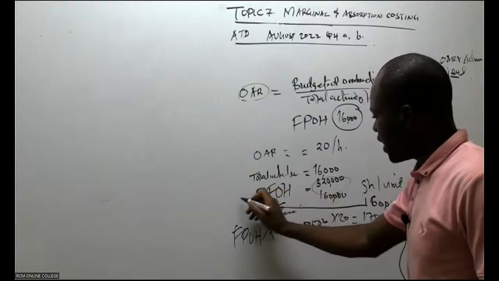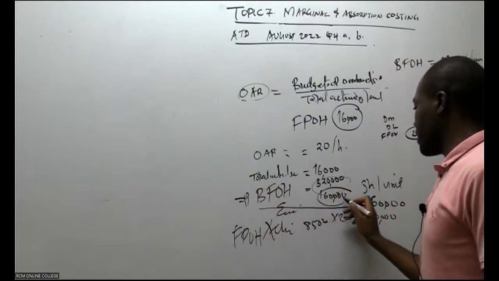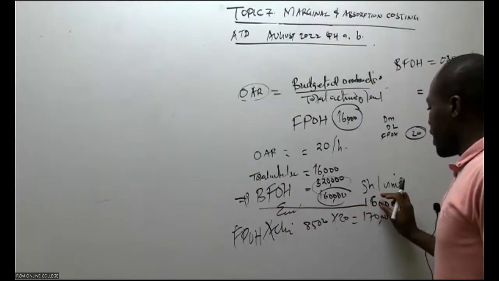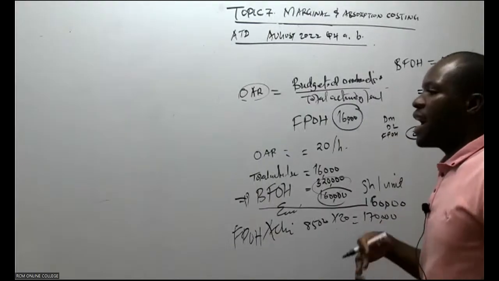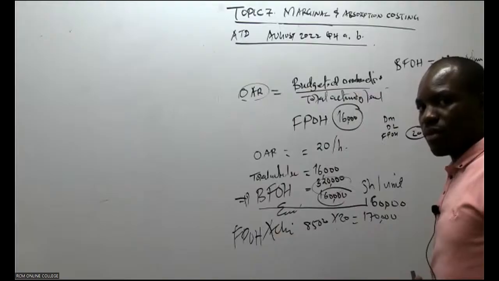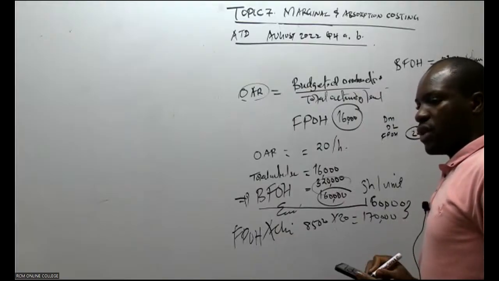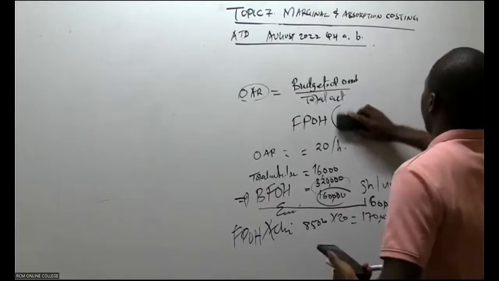Their budgeted estimate, if you divide it for the first 6 months, is 160,000. So you ask yourself, they indicated that overheads is 160,000. The actual is 170,000. Is it under or overstatement? And how do we deal with that? So that's what we need to identify.